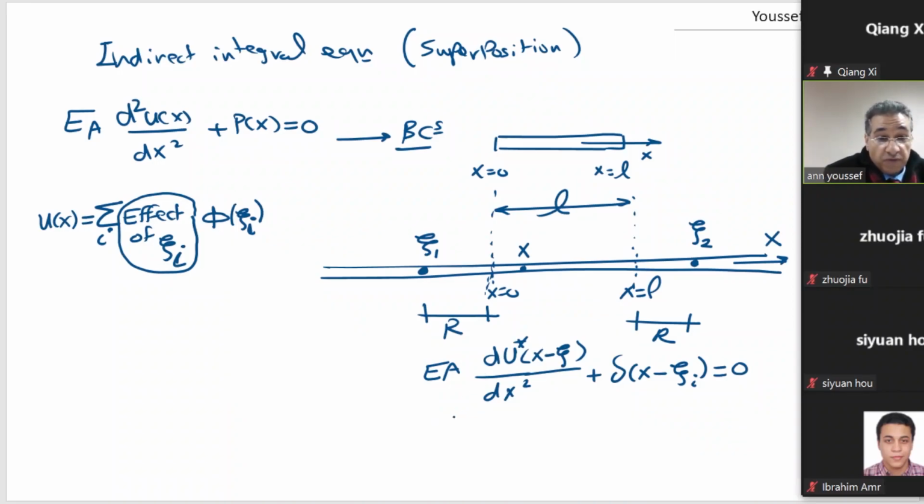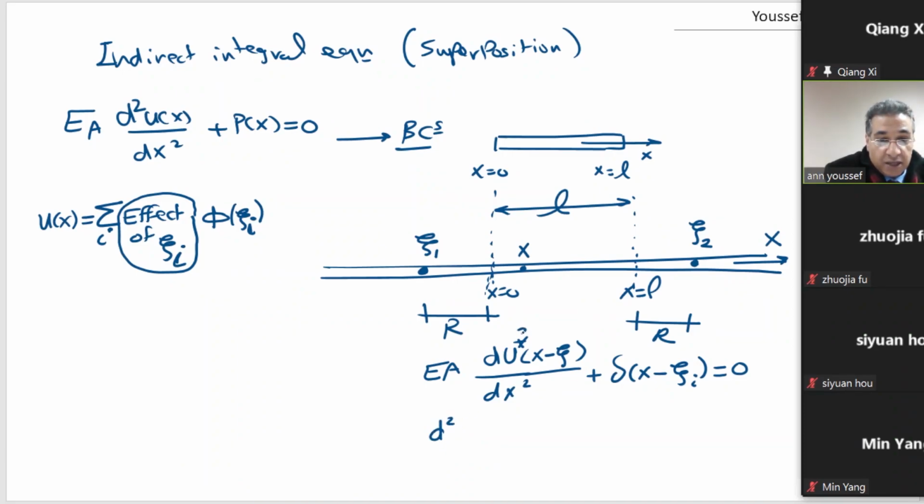The solution of this equation is straightforward, not a big problem. I can remove the EA and use a unit load instead, delta over EA.